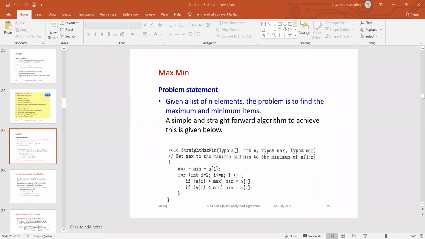Okay. So max min, you are doing two comparisons. That is comparing whether the second element is greater than the first element, and comparing whether the second element is lesser than the first element. So there are two comparisons you are doing.